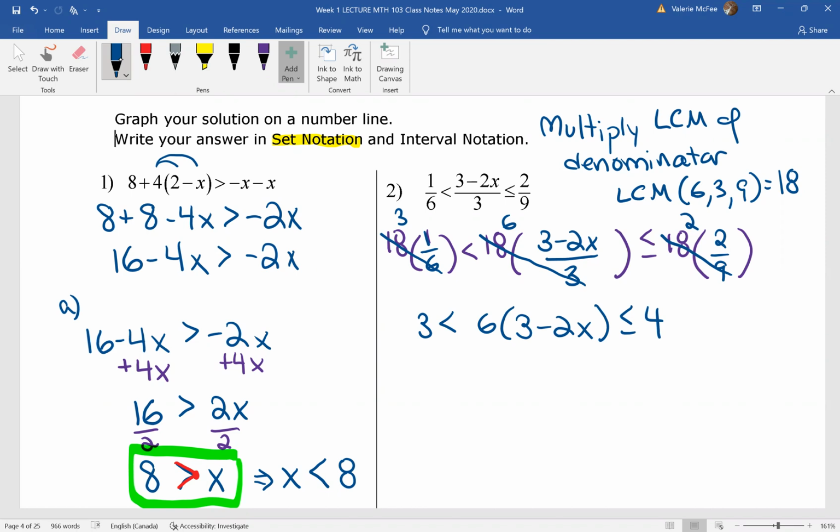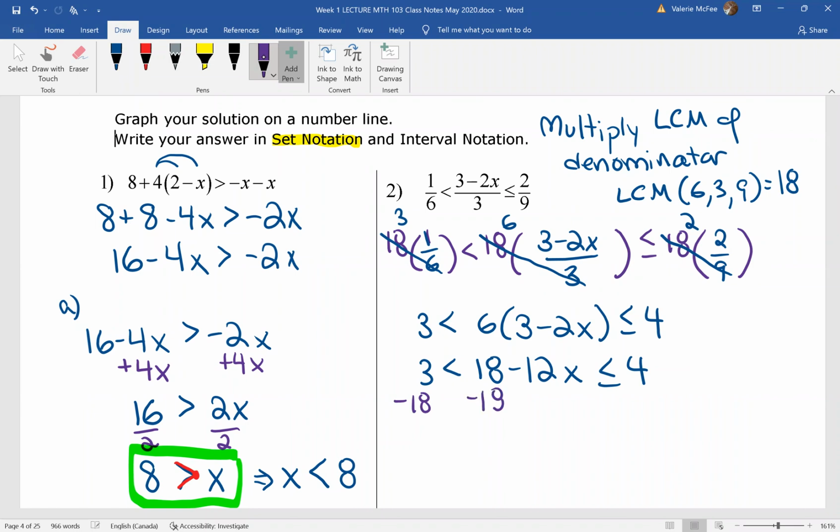We can use the distributive property inside. And now we just want to isolate x in the middle. So the first thing we're going to do is subtract 18.